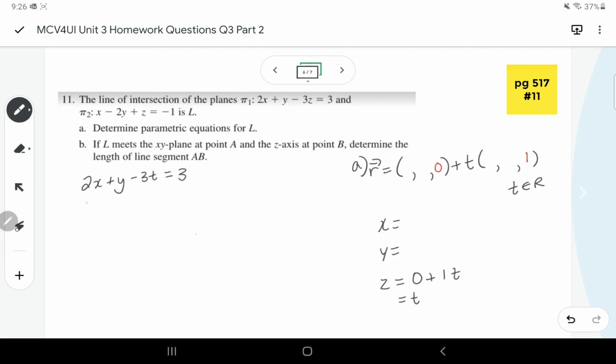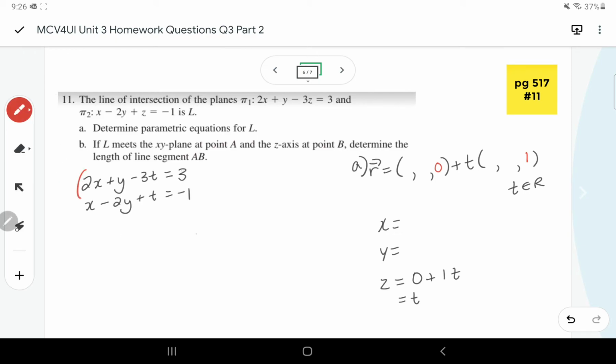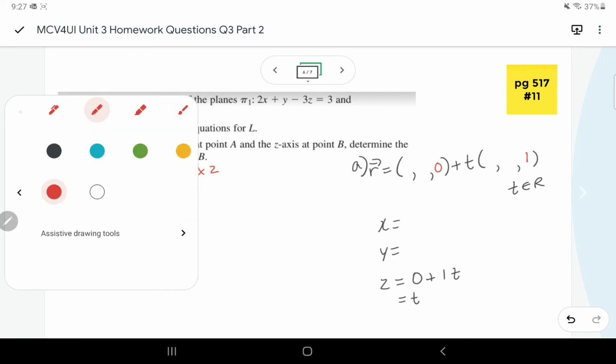And then x minus 2y plus t equals negative 1. So I need to do substitution or elimination to clear out one of these variables. So I'm going to multiply the first equation by 2. So I'll get 4x plus 2y minus 6t equals 6.